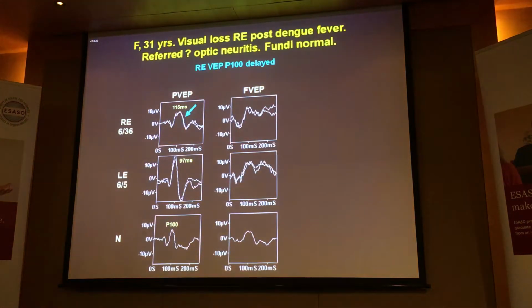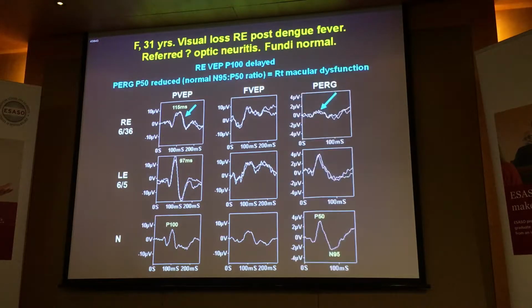And you do the VEP, and the VEP is delayed, broadened, and reduced. The other eye is completely normal. But again, the normal fundus does not mean normal function. So you have to test the macula, and then you see the macula is down. So it is a maculopathy even with a normal autofluorescence image, even with normal fundus.